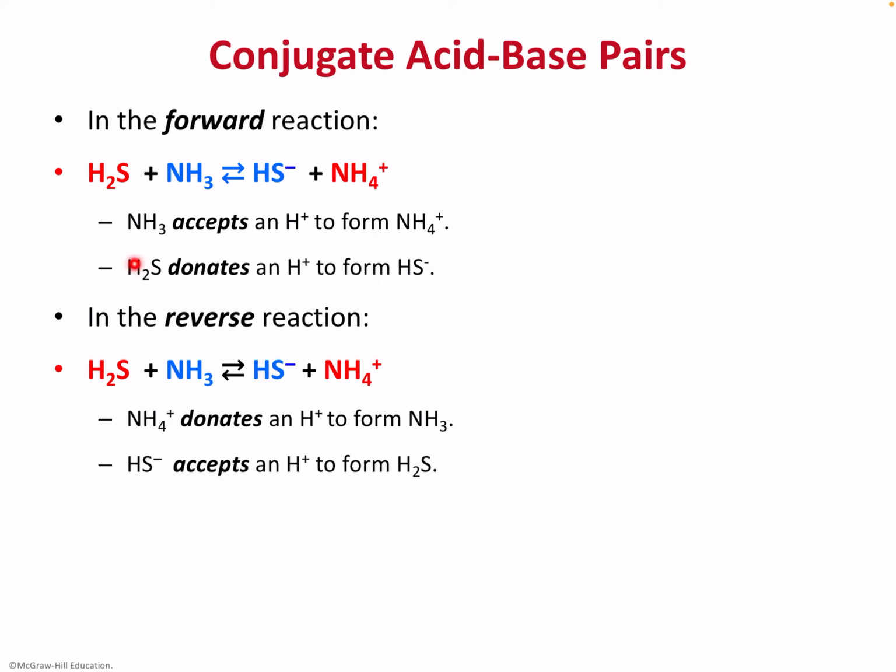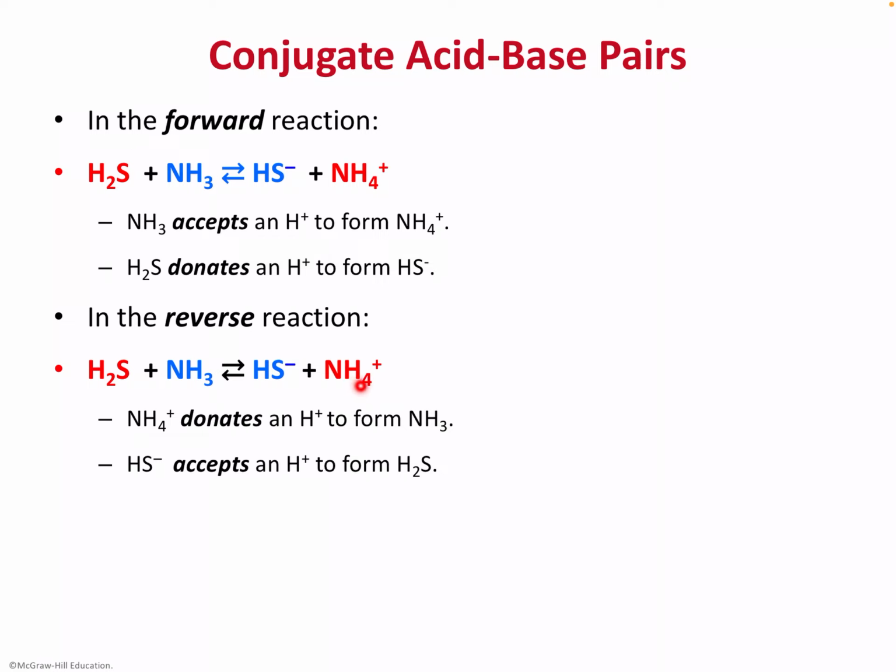What about here in the forward reaction? It is donating a proton, losing hydrogens, so it is an acid. In the reverse process, it's a base. What about the ammonia? Ammonium has 4 hydrogens here, ammonia 3 hydrogens here.